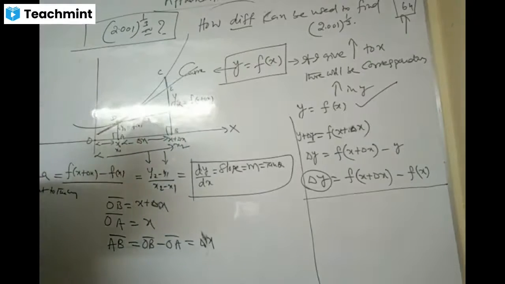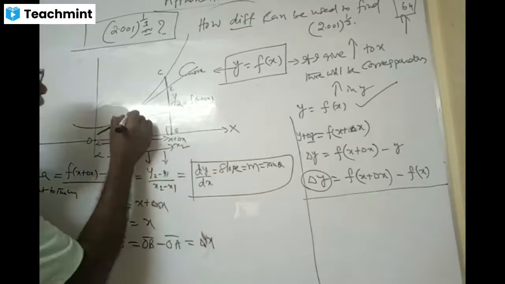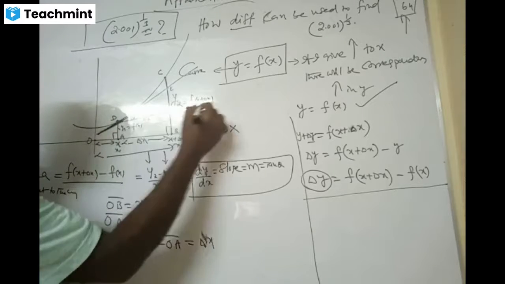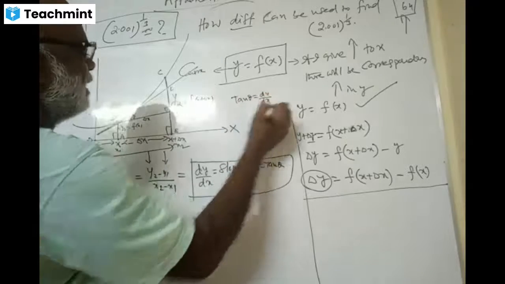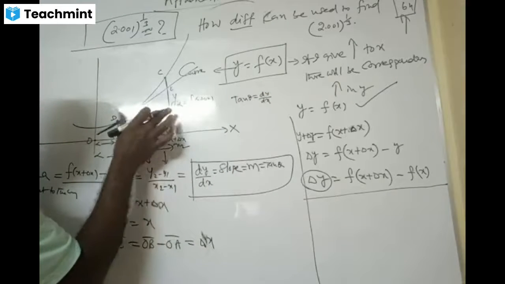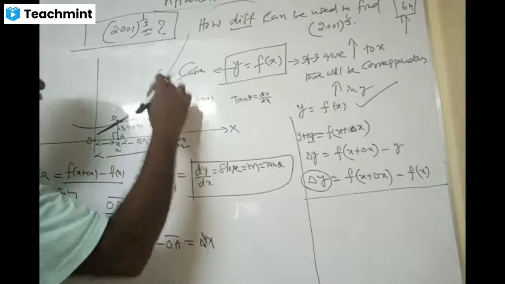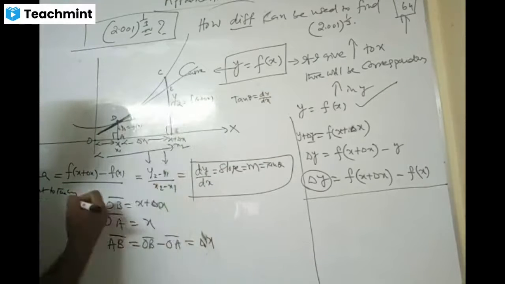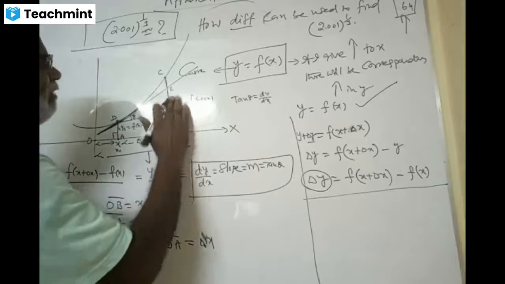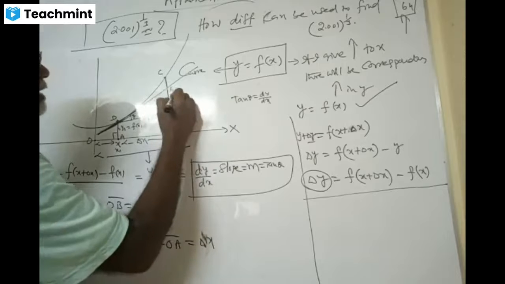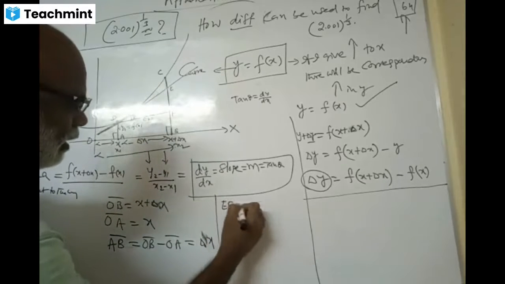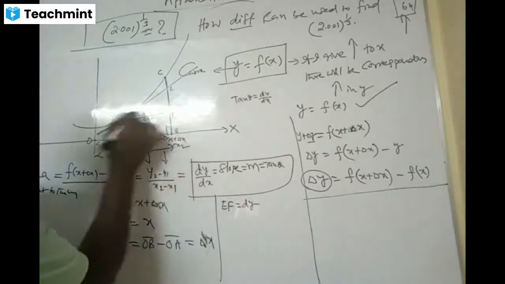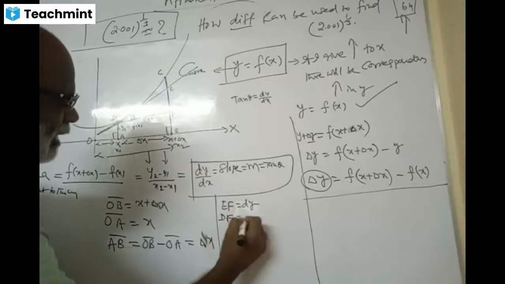Friends, if the tangent is making an angle theta here, tan theta is nothing but dy by dx. That means this should be my dx and this should be my dy, EF. Understand this: EF equals dy, and DF is nothing but dx.